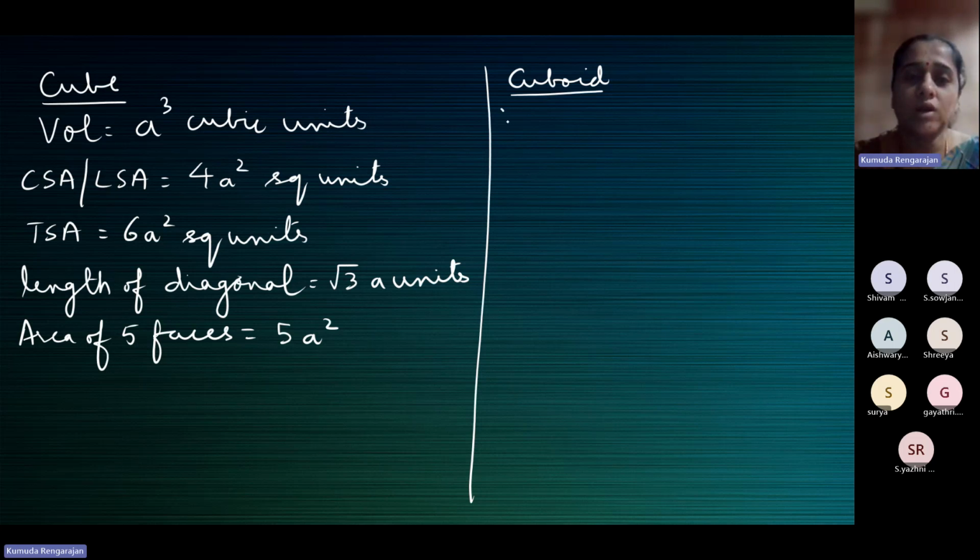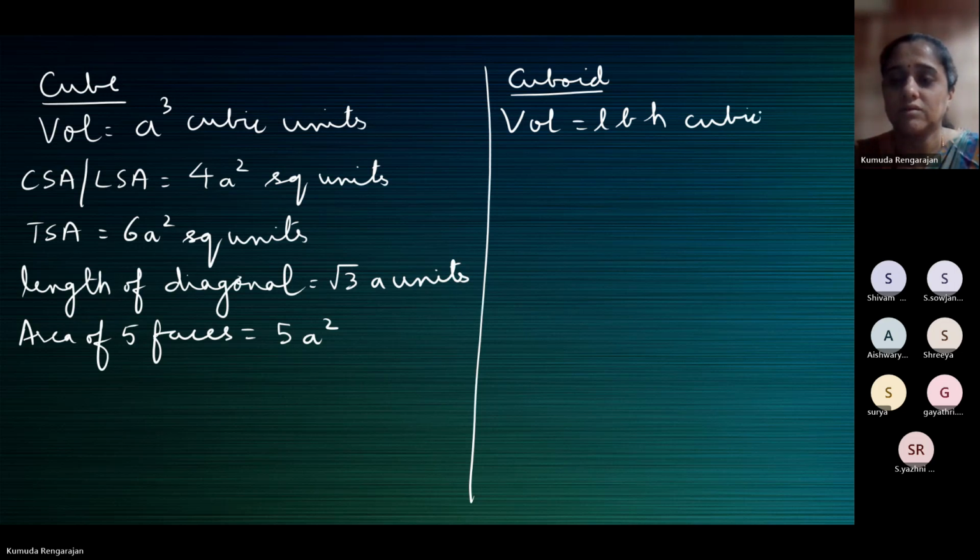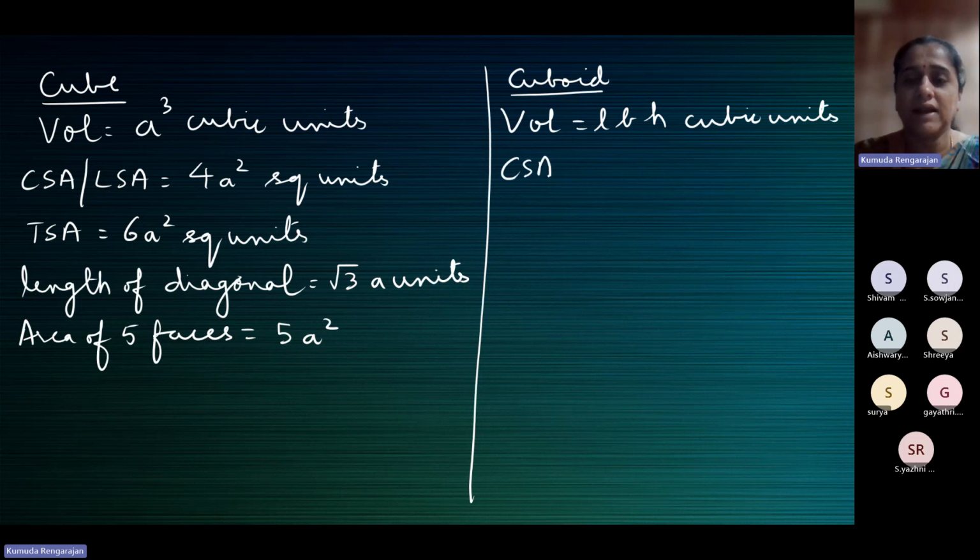Volume of a cuboid, formula. LBH. L into B into H, cubic units. Okay. The curved surface area or the lateral surface area.